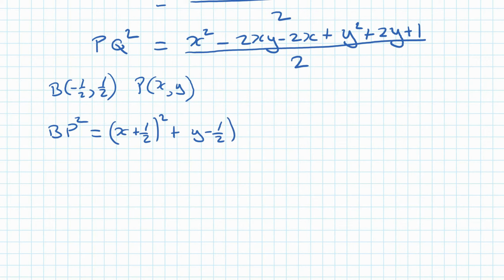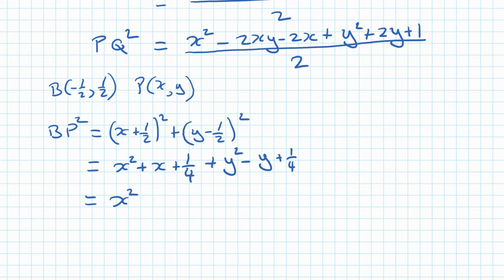Now if I expand this, it gives me x squared plus x plus a quarter plus y squared minus y plus a quarter. I simplify this, giving me x squared plus x plus y squared minus y plus a half.